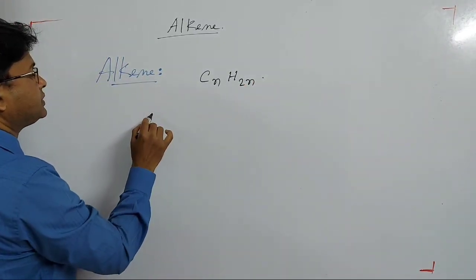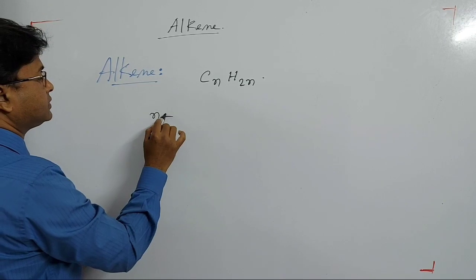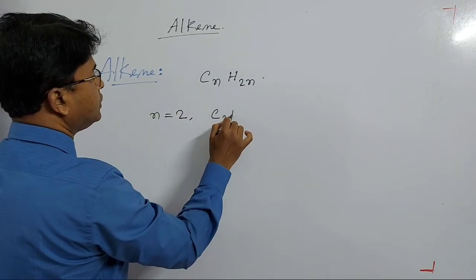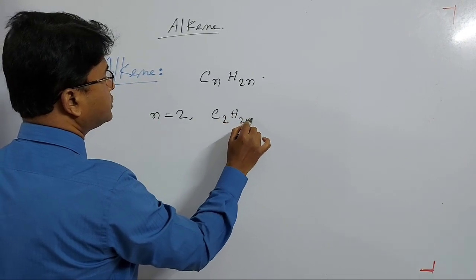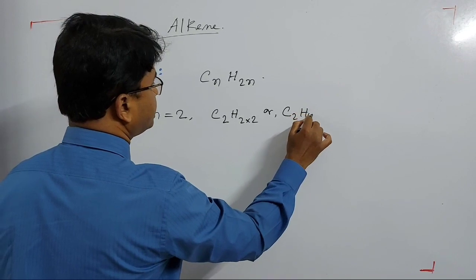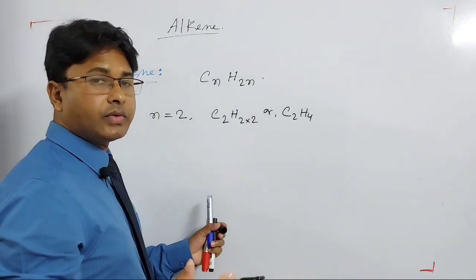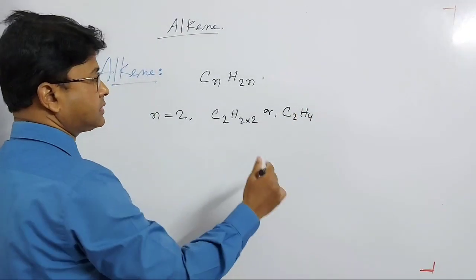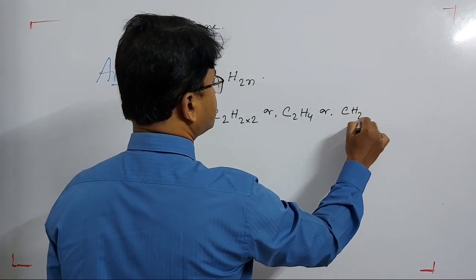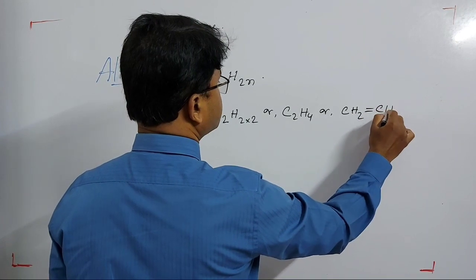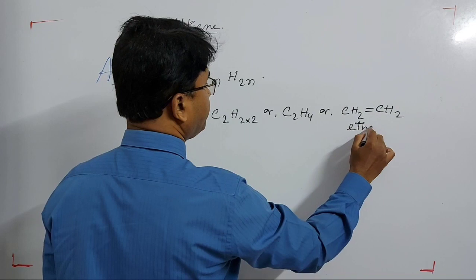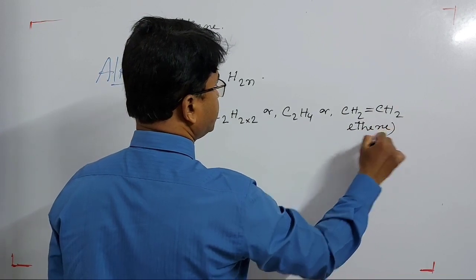If I put the value of n equal to 2, then it will be C2H2 into 2, or C2H4. And if I write the structural formula of this compound, it will be CH2 double bond CH2. The name of this compound will be ethene.